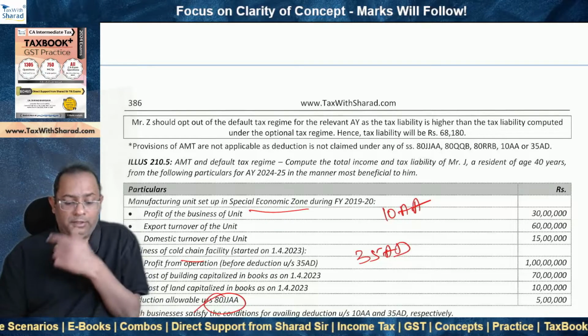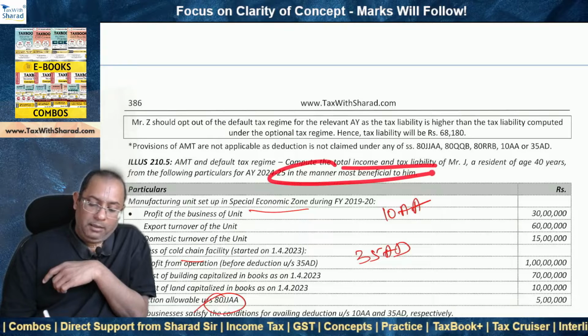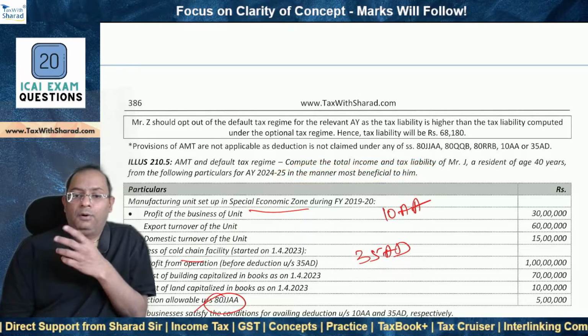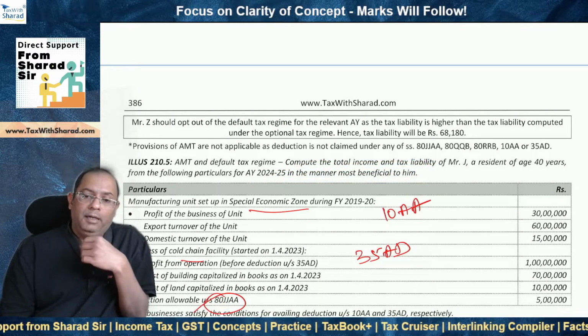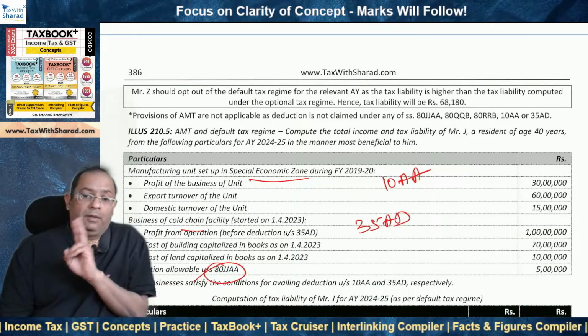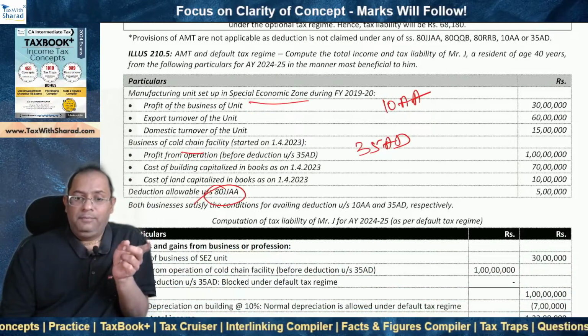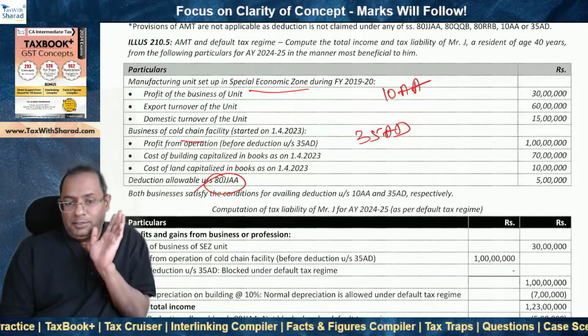Okay, when the question asks you to compute the total income and tax liability in the manner most beneficial to the assessee, or the question simply asks you to compute the tax liability, then you need to figure out all the angles. You need to make the computation under the default tax regime and under the optional tax regime.